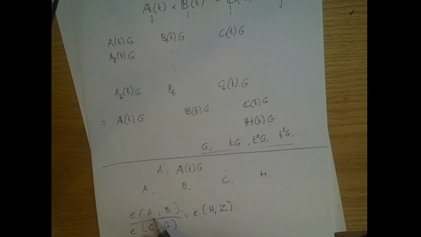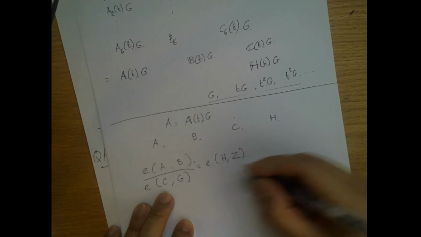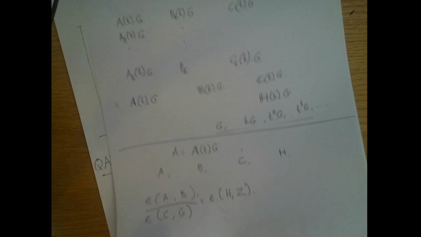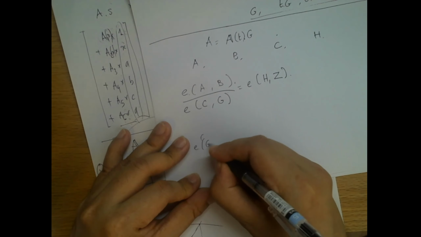You can develop this. This term would become E of GG to the power A times B. This term will become E of GG, but we only use C up there.